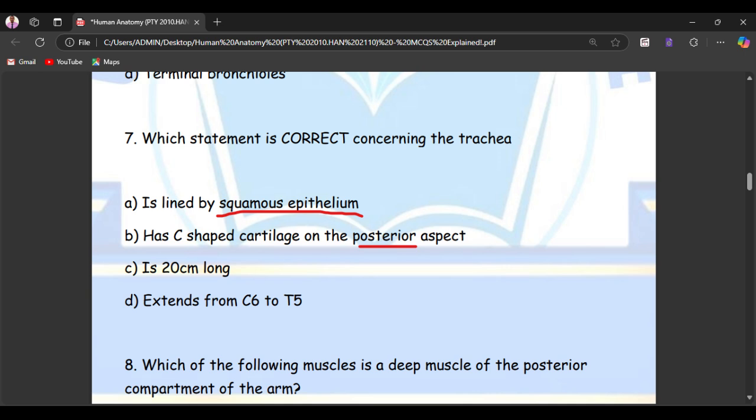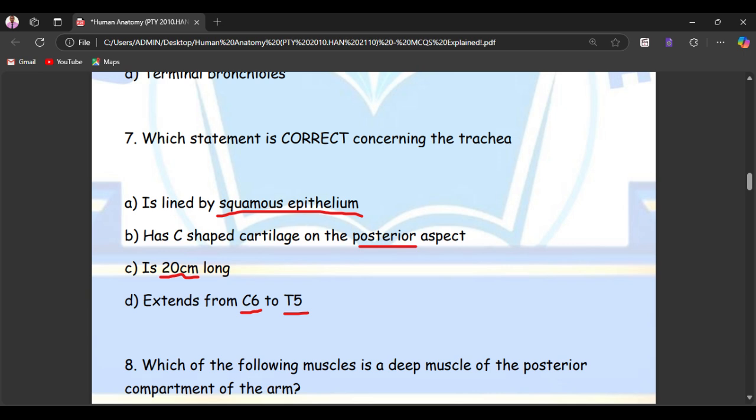Option C says the trachea is 20 centimeters long. This figure is too exaggerated, because the trachea is approximately 10 to 12 centimeters long in adults.